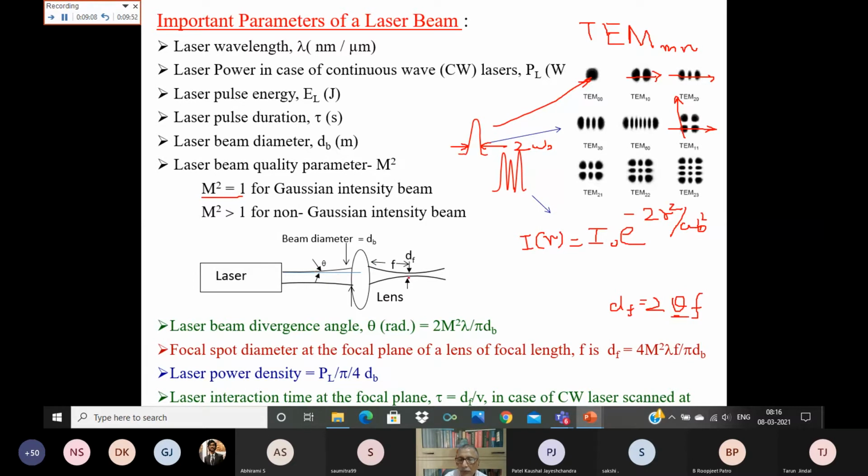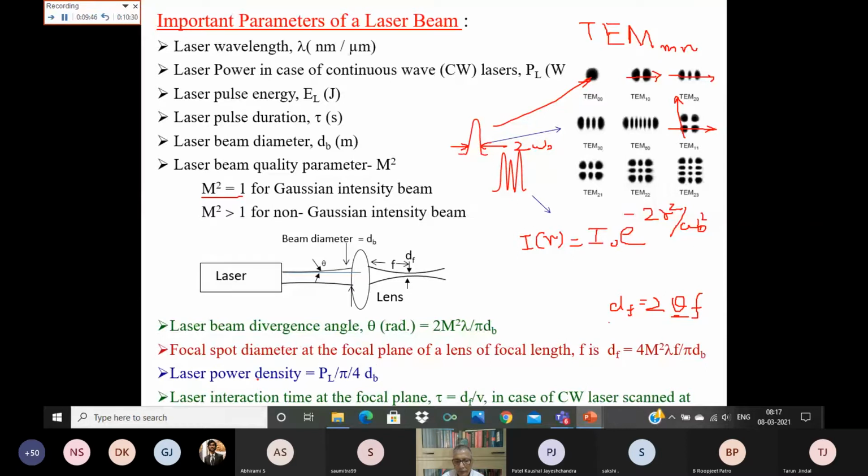And since we are talking about the beam diameter, we multiply by 2. So the beam divergence part is very, very important in order to determine the diameter of the focal spot here. If you put this factor here, it becomes 4 M square lambda f by pi dB. So if you have a Gaussian laser beam, then M square value is 1, and that is going to be the minimum beam diameter which you can obtain.